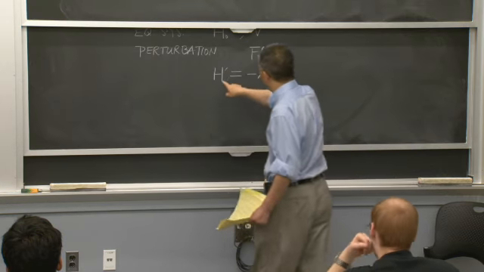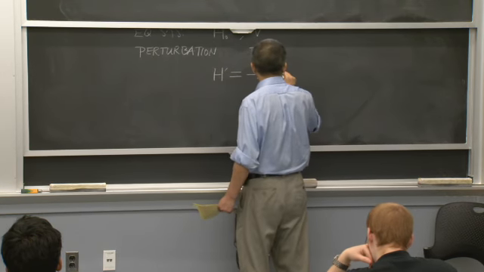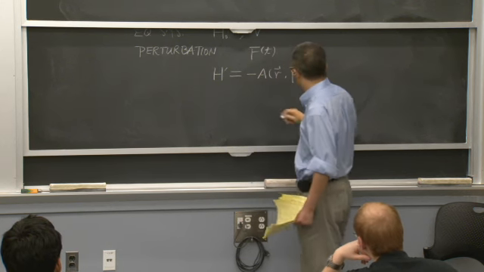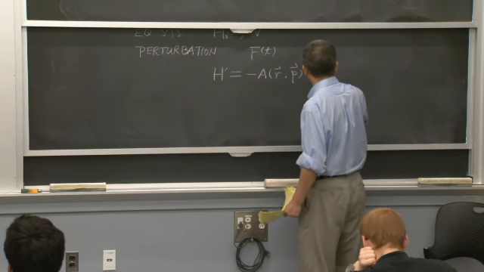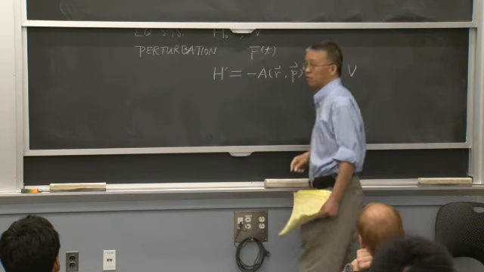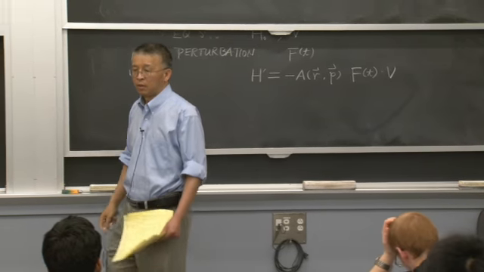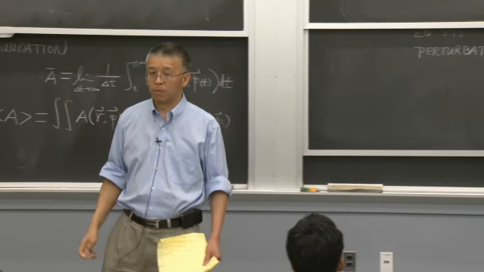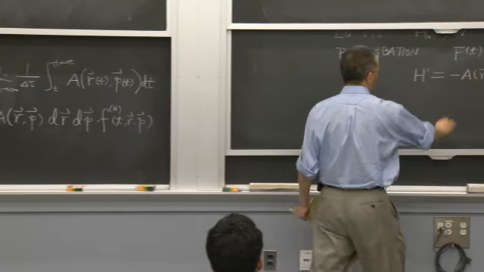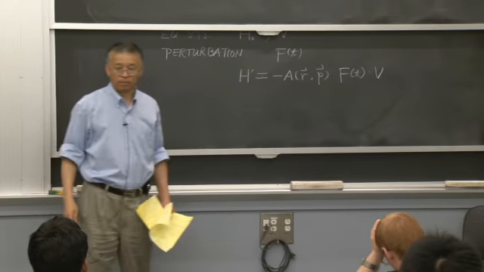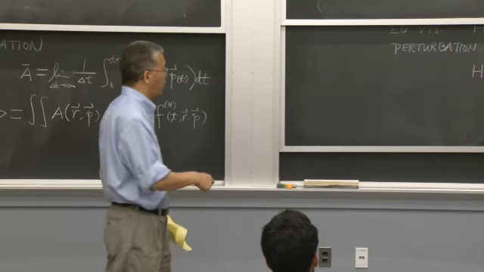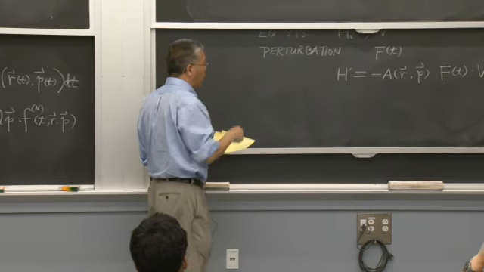So this perturbation is expressed in this Hamiltonian, and this is the force applied, and I do a normalization to the volume, so I have my volume there. And I put a negative sign, that doesn't matter, because that could be absorbed into it, right? So this is my perturbed Hamiltonian.